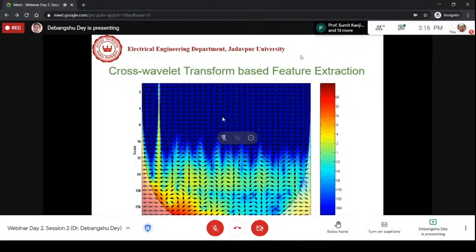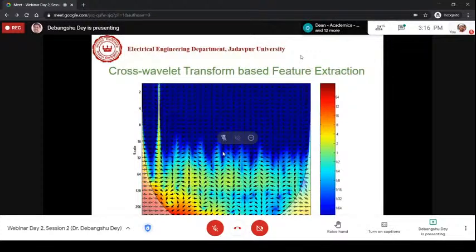The same thing occurs for the wavelet coefficient and the cross-wavelet coefficient. The coefficient magnitude is the color, and the arrowheads indicate the phase angles. The right-side arrow means 0 degrees, vertically up means 90 degrees, and so on.